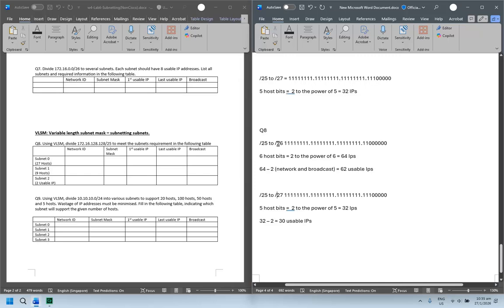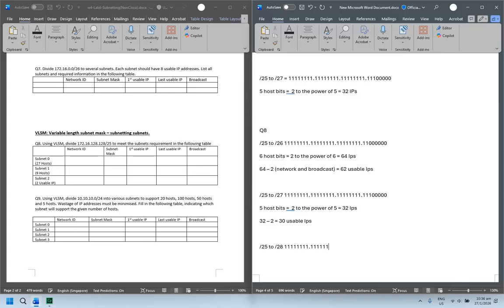So instead of /26, I should be using /27. But let's try a smaller subnet. Let's try /28 to see whether it can still accommodate my 27 IP addresses.